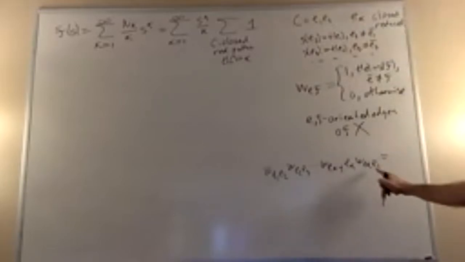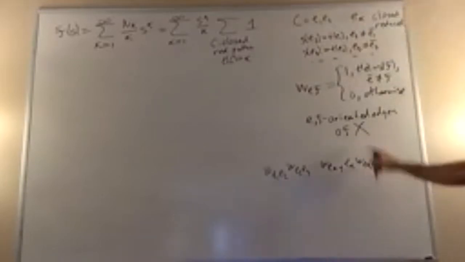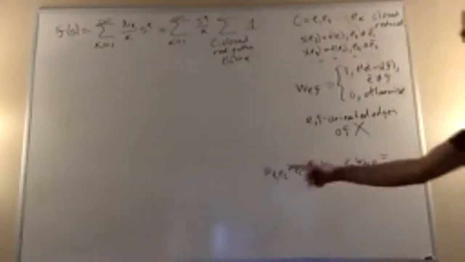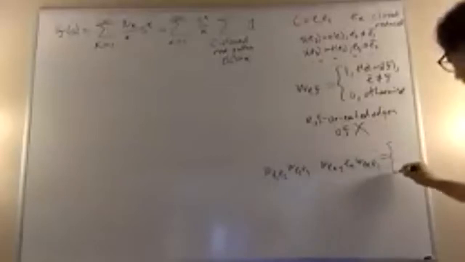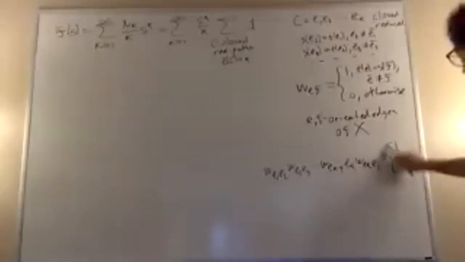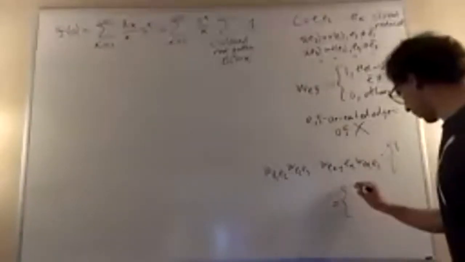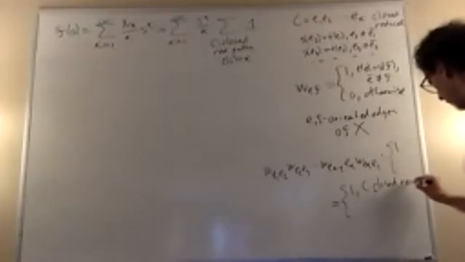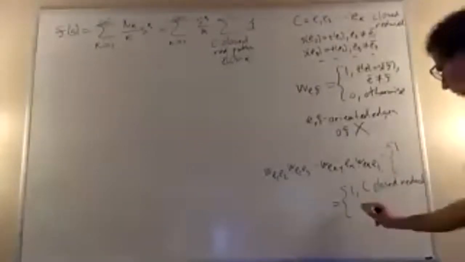So if all of these numbers are 1, meaning my path is closed and reduced, then this is a product of a bunch of 1s, and I get a 1. Sorry, I ran out of room here. This is a 1 if C is closed and reduced.